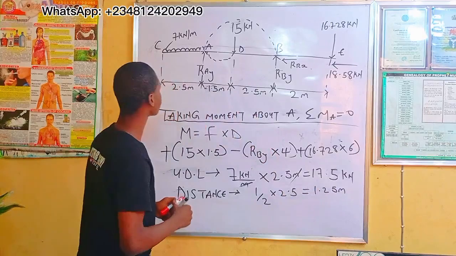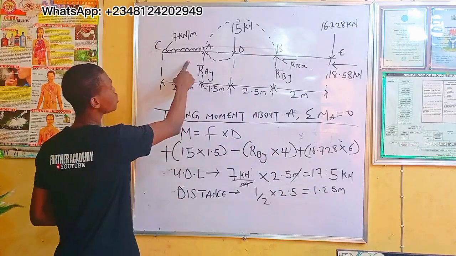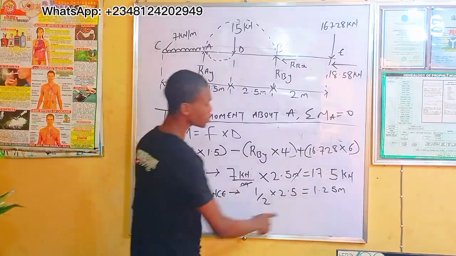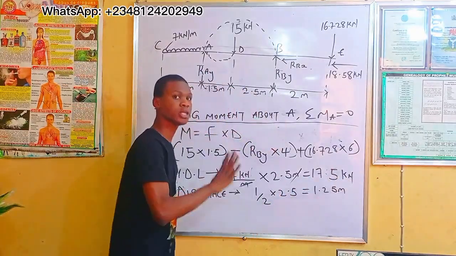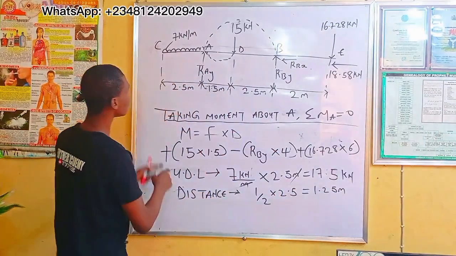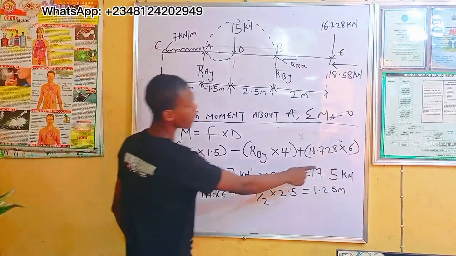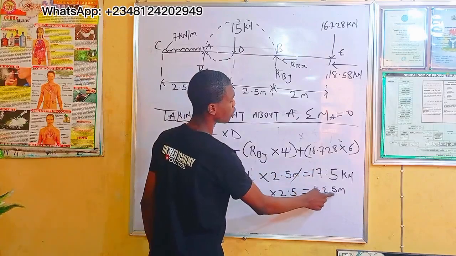So computing the moment for this UDA means the product of 17.5 kilonewton and 1.25 meter, and you get your moment. So in place of the moment of the UDA, you have 17.5 times 1.25.